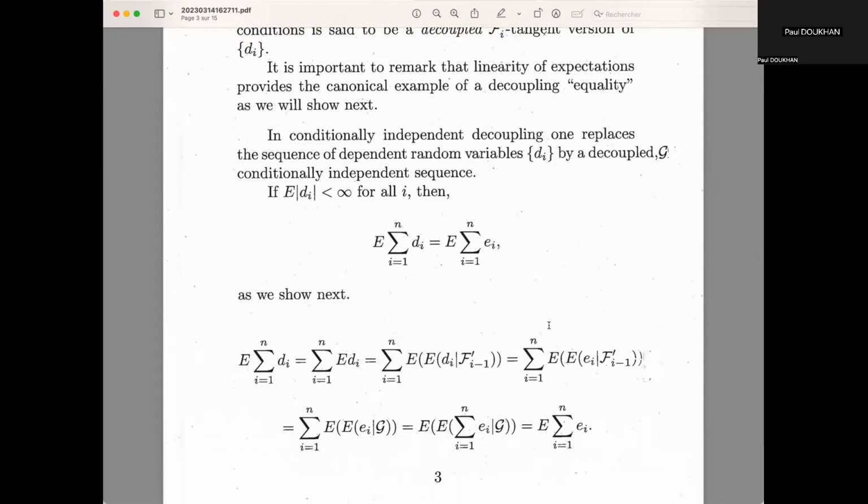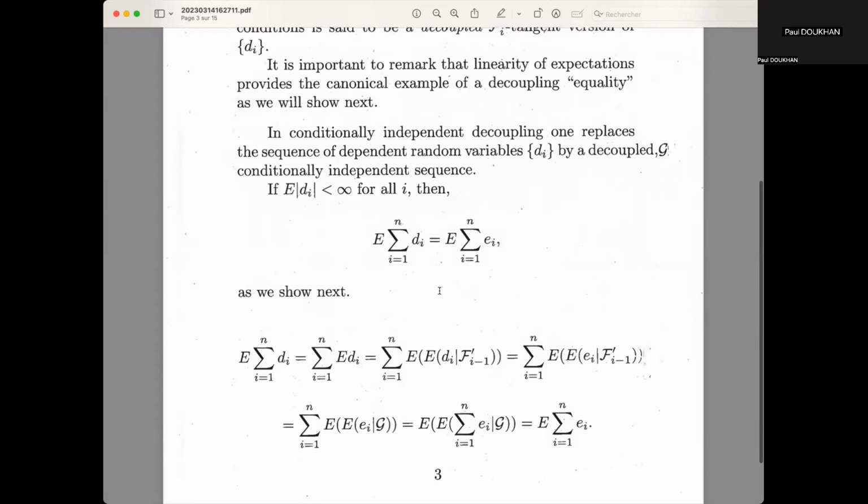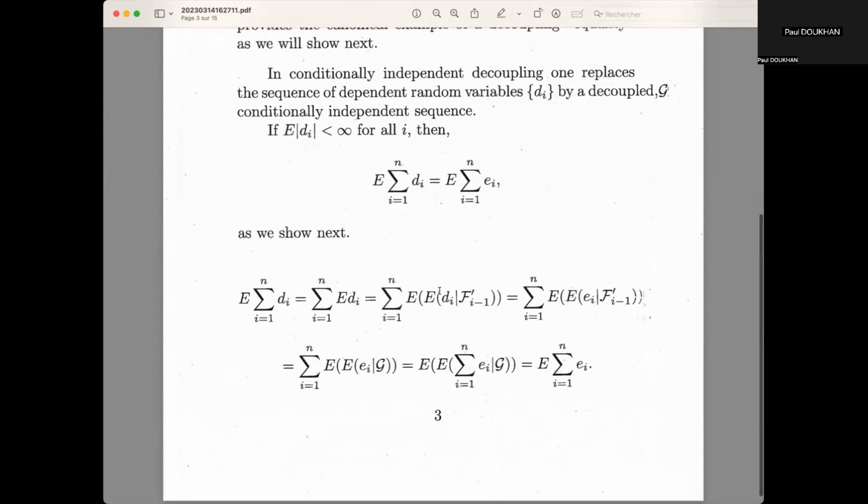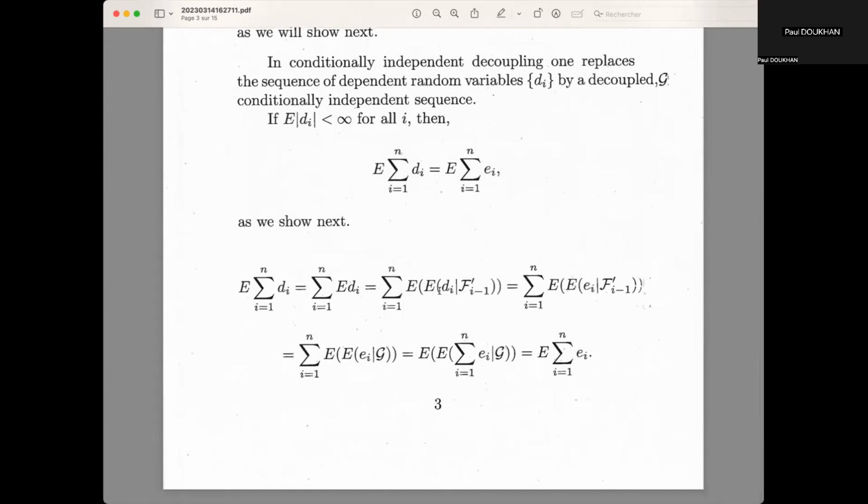We have the expected value of D sub i, which by linearity of expectation is equal to the expected value of D sub i given F sub i minus 1 prime, the one that includes the D's and the E's. Okay, if there's a question, please stop me. And then, since they are tangent, they have the same conditional distribution, so I can replace this by this.